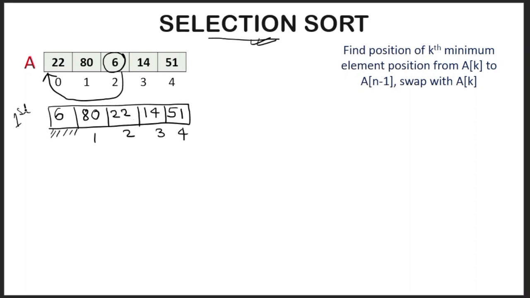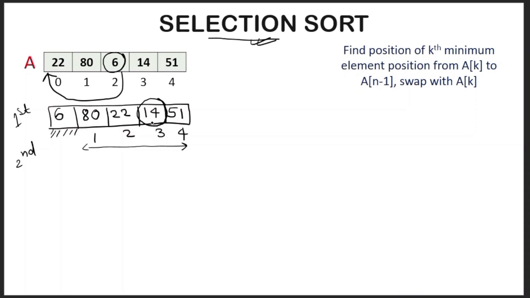That was your first pass. In the next pass, the selection sort algorithm will find the next minimum element in this array. From location 1 to location 4, it is going to find the minimum element. We can see 14 is the minimum element of this unsorted part of the array.